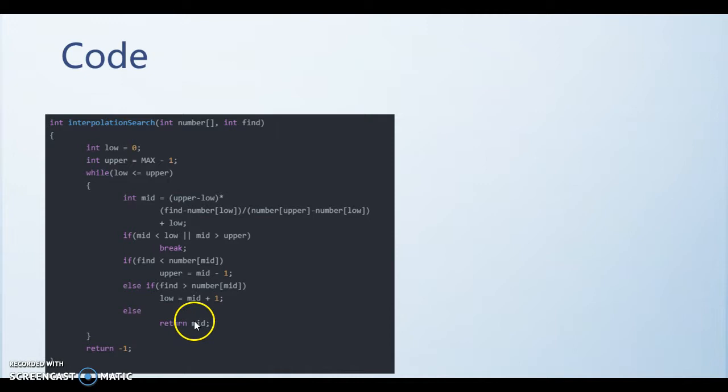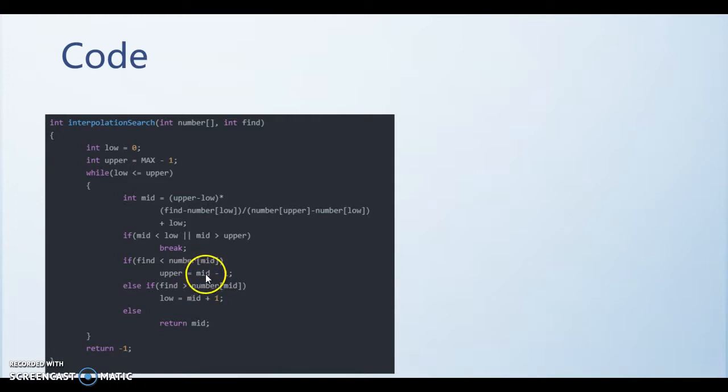And we have upper equal to mid -1 and lower updated. So we keep updating this, and then we will find what we are looking for and its index. Then we return the mid.